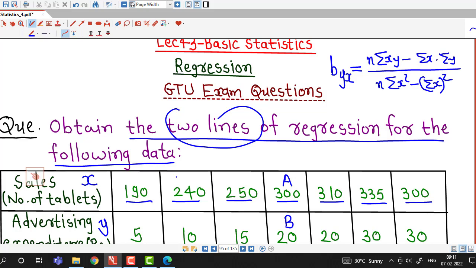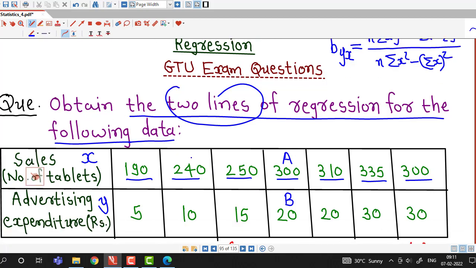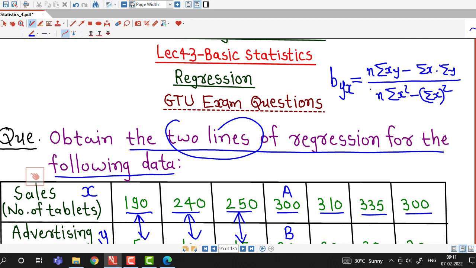So if we are not applying the change of origin, then all these summations, these products, suppose we are using actual values of x and y, then this summation is going to be very large. Similarly, sigma x into sigma y. Similarly, you can imagine for square of x values, 190 square, 240 square, 250 square. So all these squares are going to be very large.